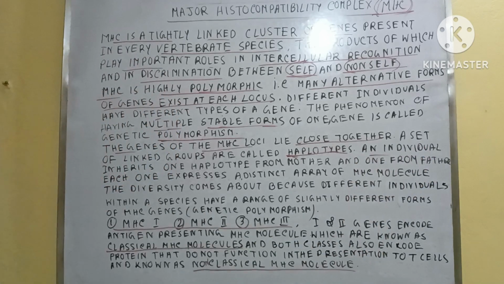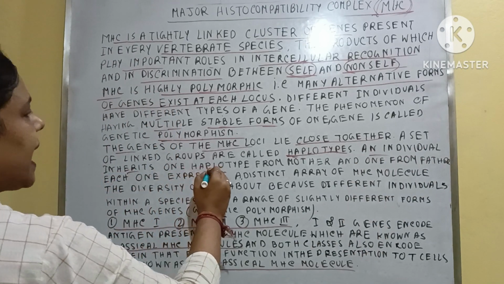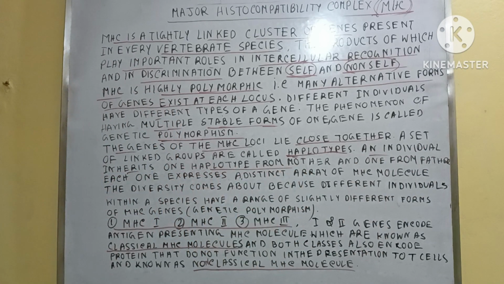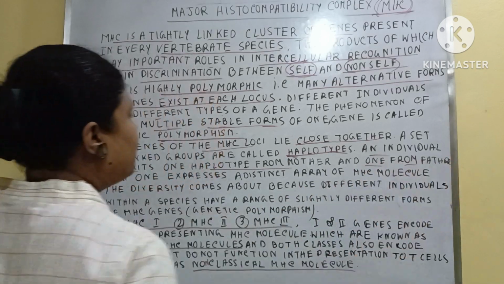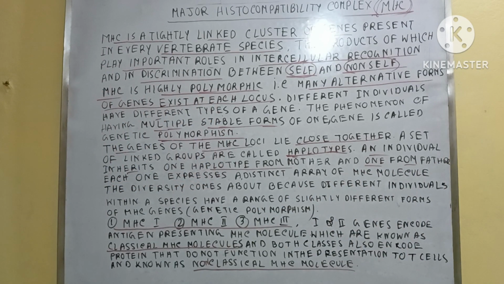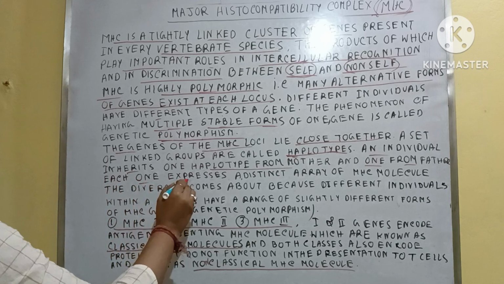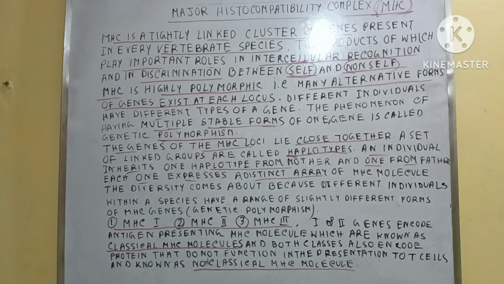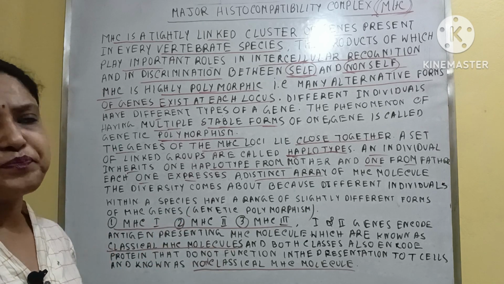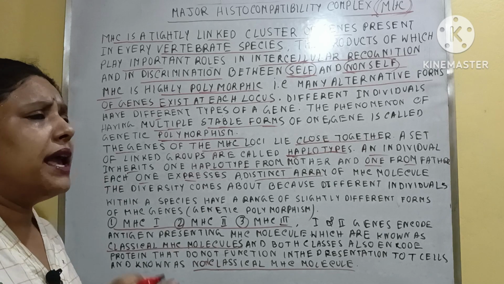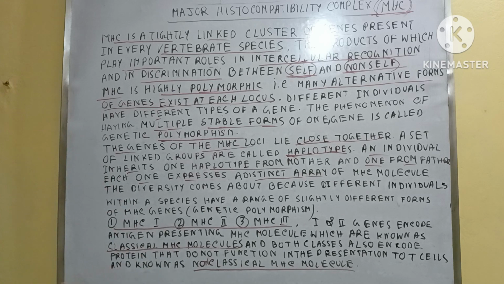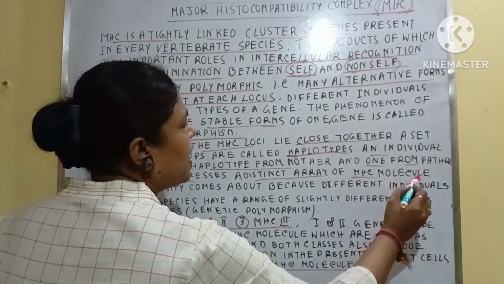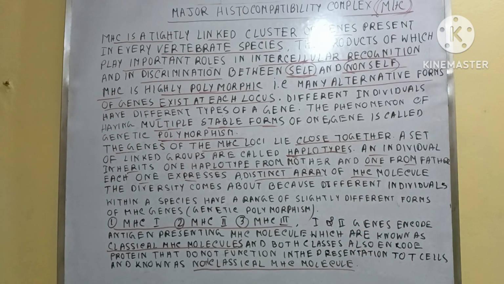So one individual inherits one haplotype from the mother and another from the father, and each one expresses a distinct array of MHC molecules. That's why each individual has different types of MHC molecules. And where does the diversity come from?